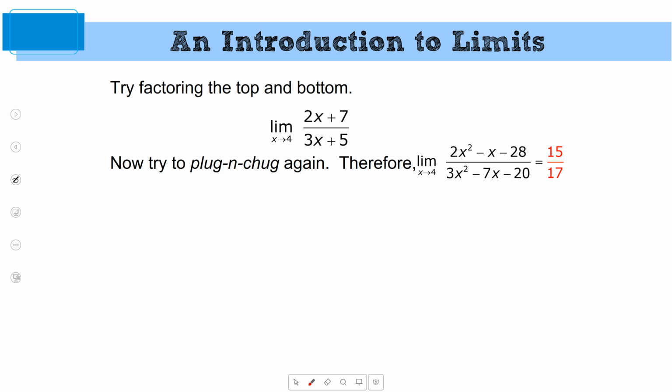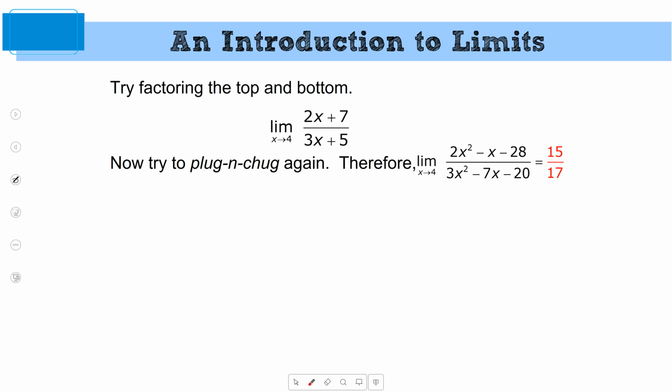Plug and chug again, you got your answer. That's not always going to work, but for the most part, that will get you through a good chunk of these limit problems. Because there's got to be a point, a y value that you're getting close to on the function.